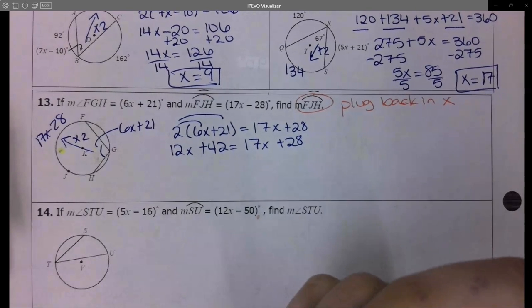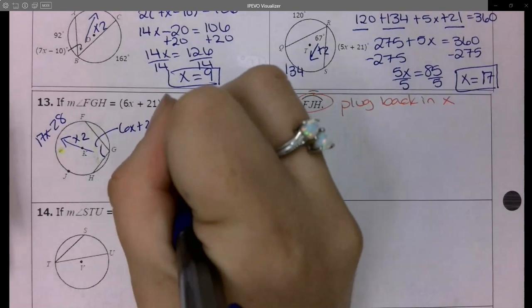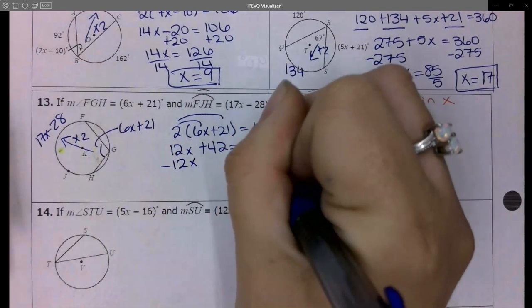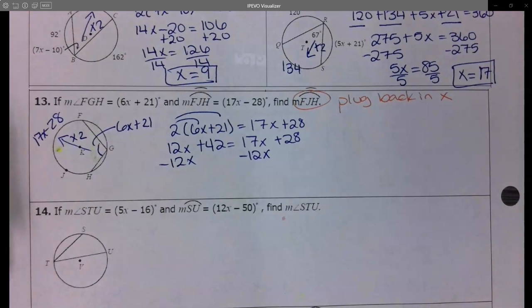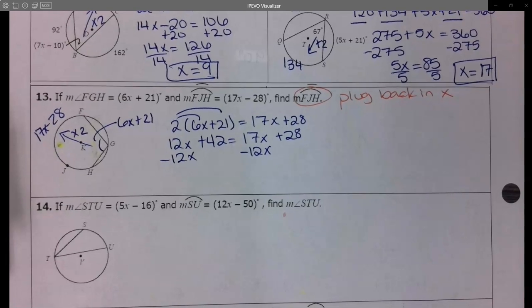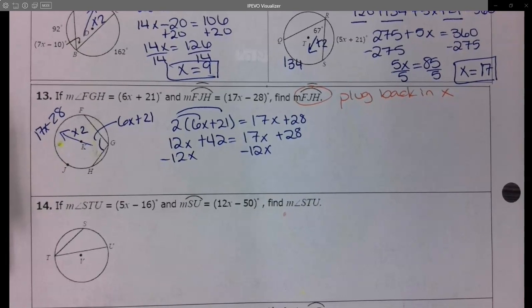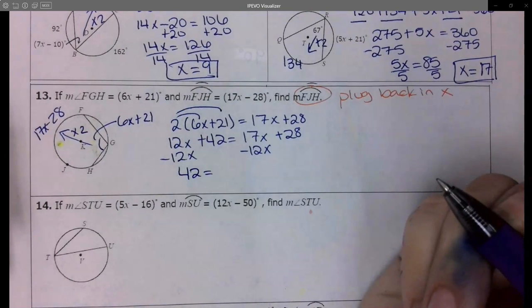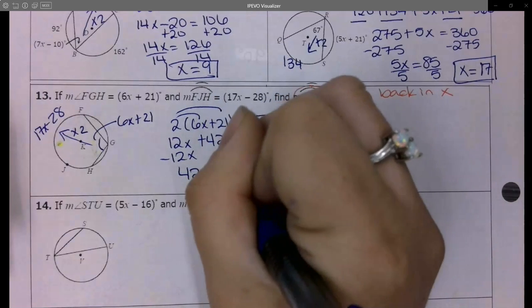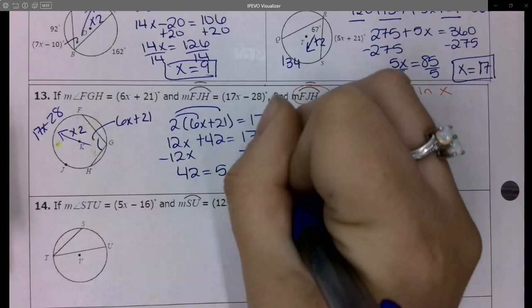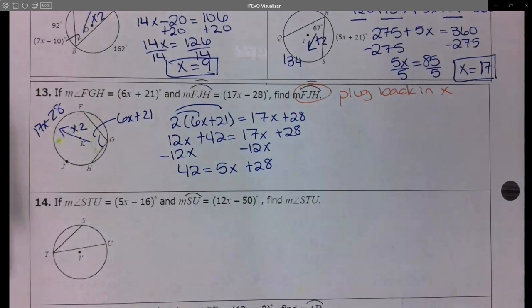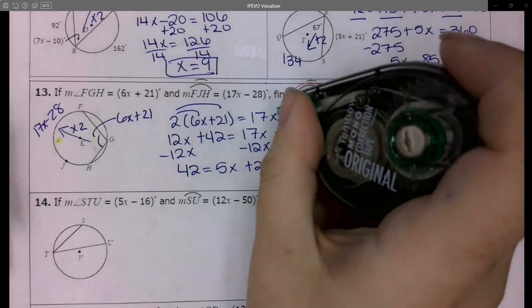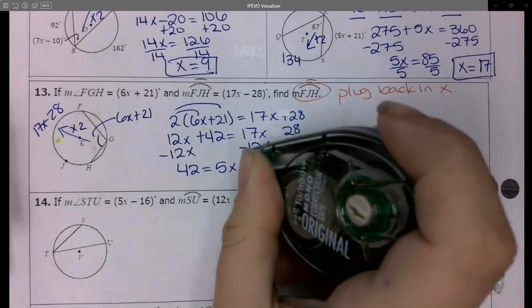Then I want to get all of my variables over to the same side, so I'm going to subtract 12x from both sides, which will get me 42 alone on the left. And then 17 minus 12 is 5. Oh, this is a minus 28. My bad.